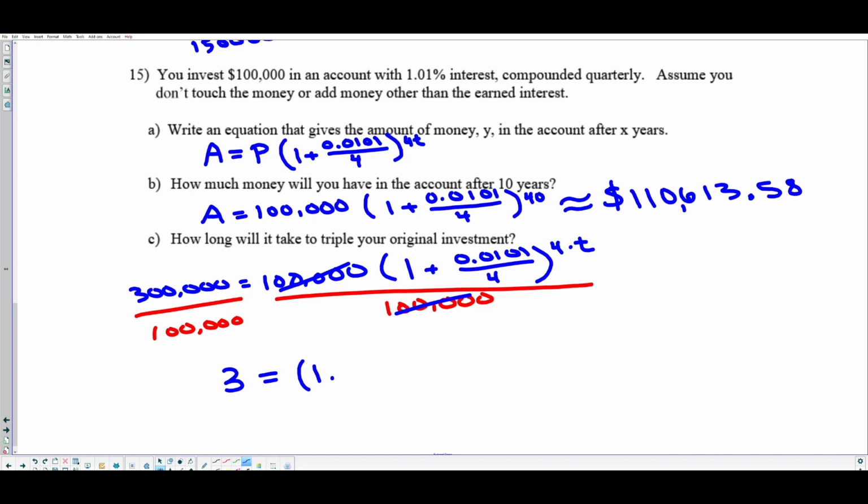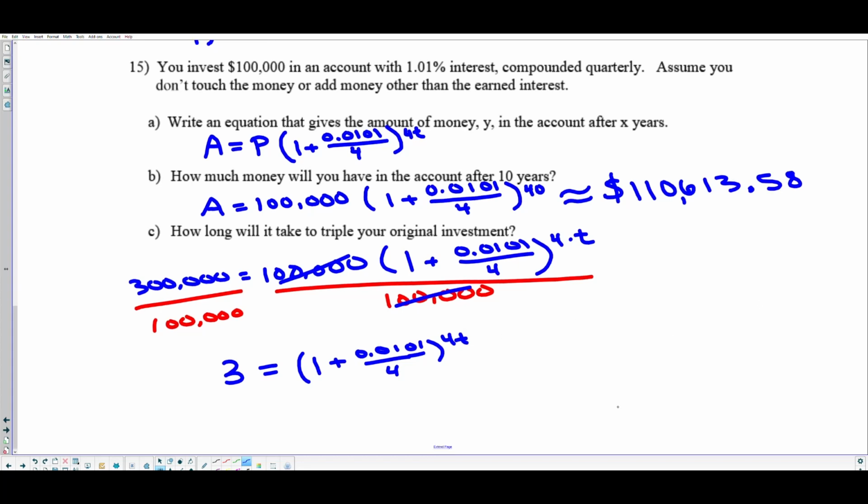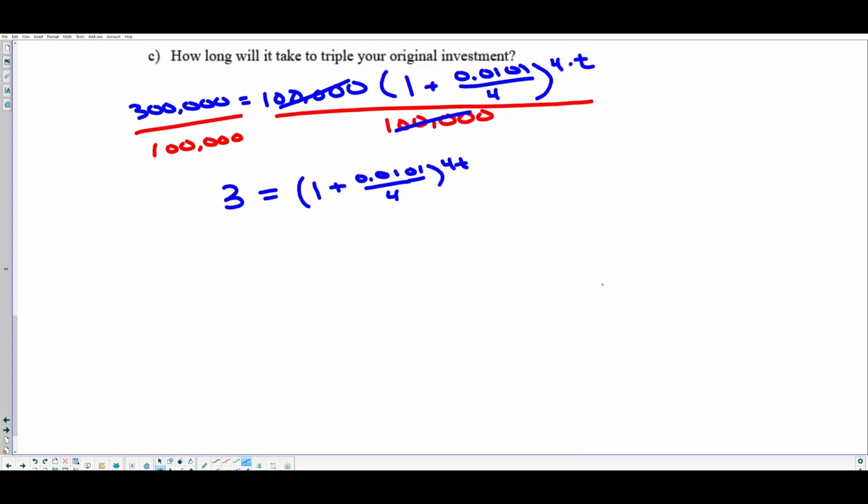3 equals 1 plus 0.0101 over 4 to the power of 4t. Okay. Now you may have to figure out what the base is, because you probably don't want to leave it like that.